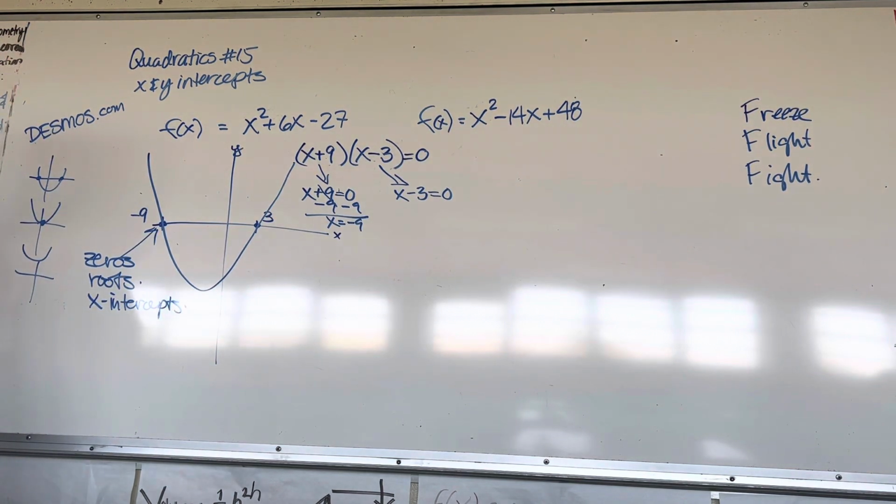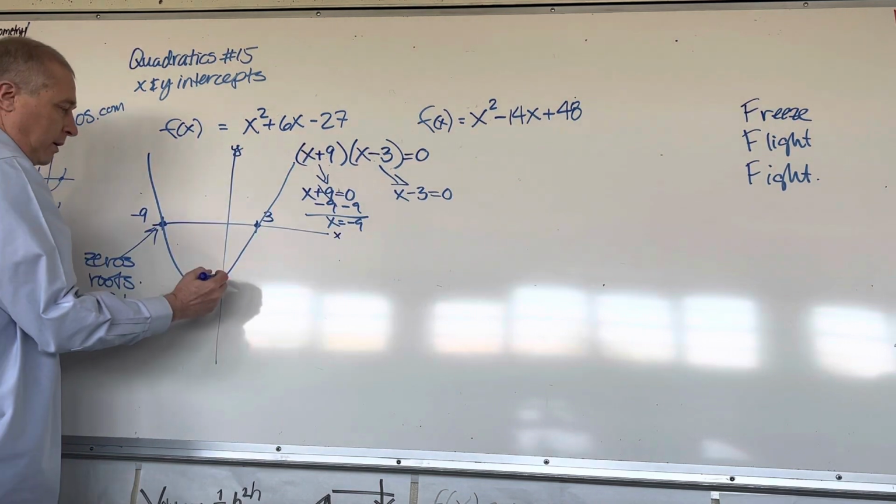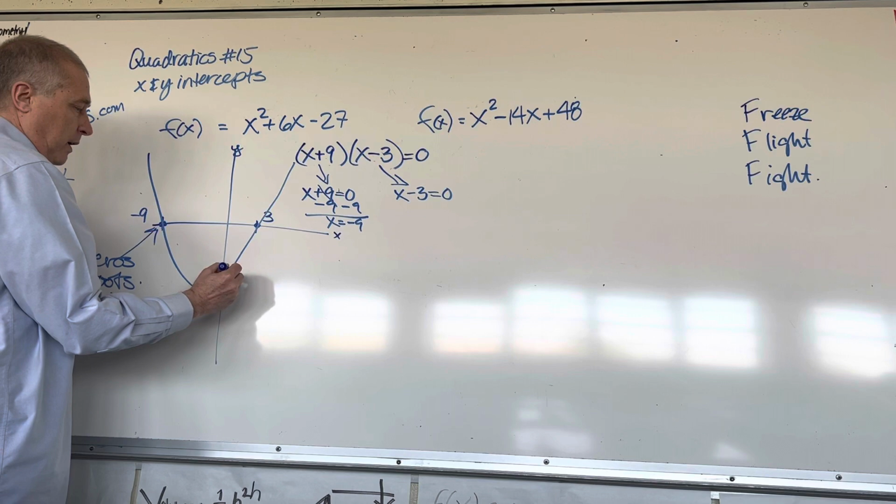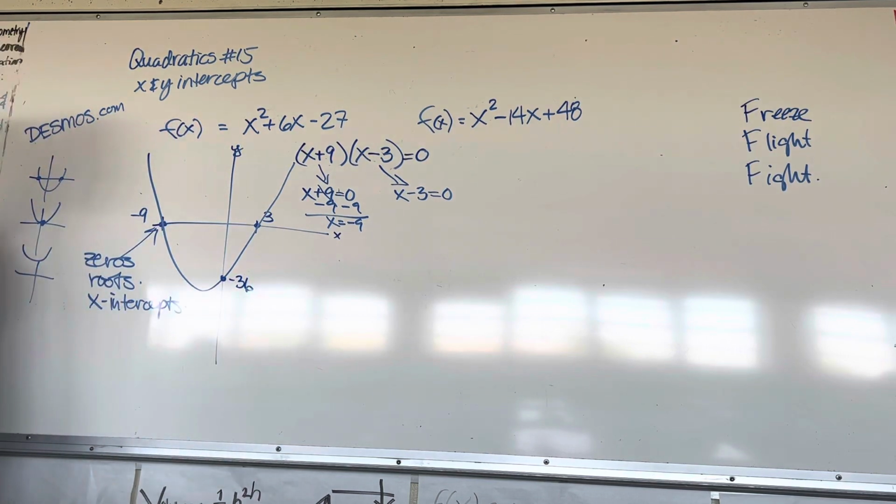So on your Desmos, does it tell you where it's crossing the y right here? What's our y-intercept? Negative 36? I don't believe it. I don't believe that's negative 36. Really?